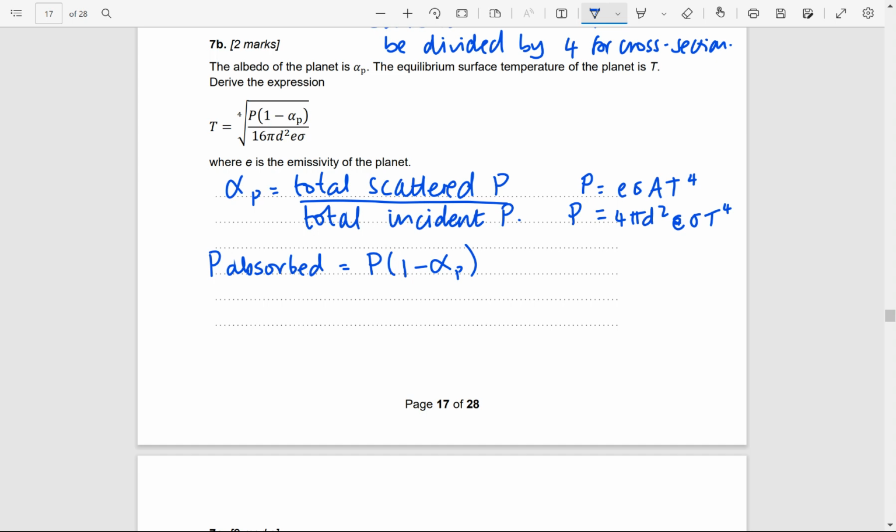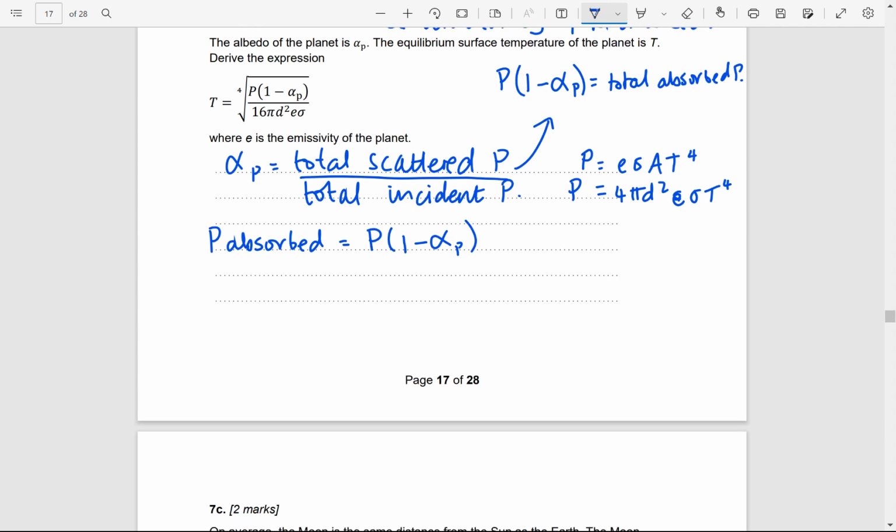I've taken a bit of a shortcut there in my head, then 1 minus alpha P equals the total absorbed, but we need it as a quantity of power.